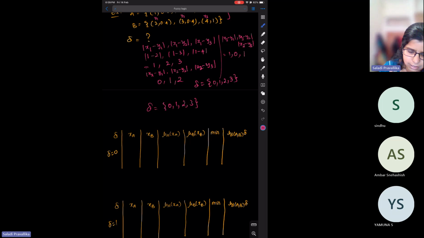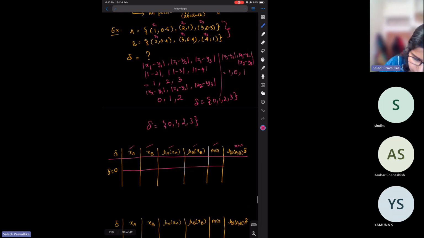Okay. First, let us see for delta equal to 0. So delta is equal to 0 in two cases, right? So let us divide a table this way. So in this table, we have XA and XB. Okay, I'll tell you what XA and XB are and their corresponding membership values. And then the minimum of the membership values. Okay, here I'll erase this off and we'll come here later. Okay, so delta is 0 in only two cases, right?